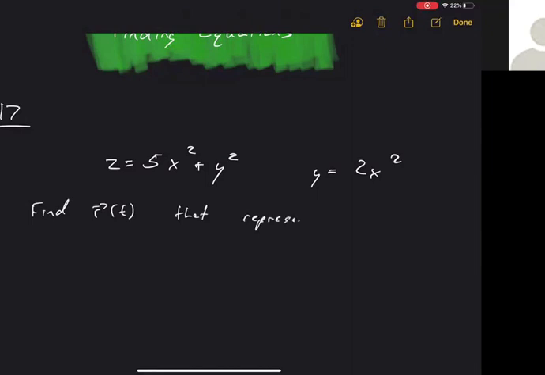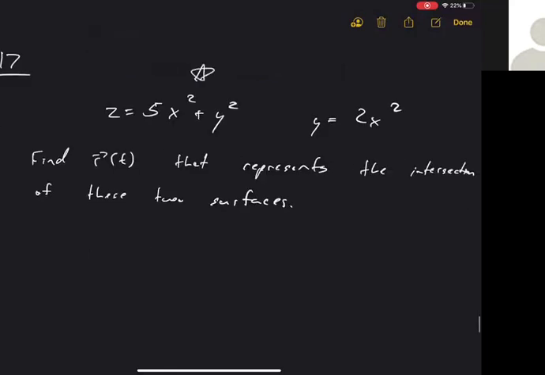I'm given two equations, and the problem is: find r(t) that represents the intersection of these two surfaces.